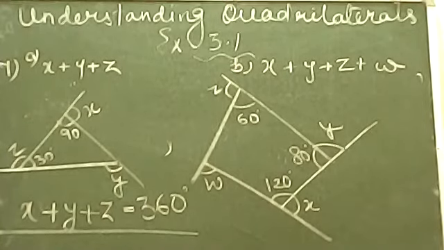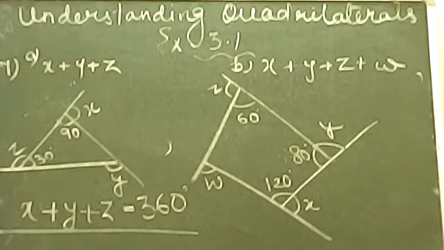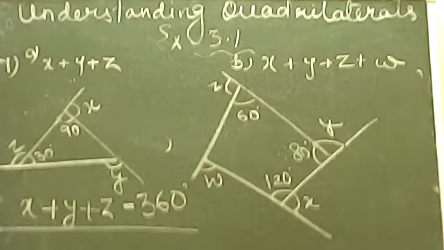So if you want to solve it by using the process, the answer will be 360. If you want to write it directly, then also the answer will remain the same, that is 360 only.